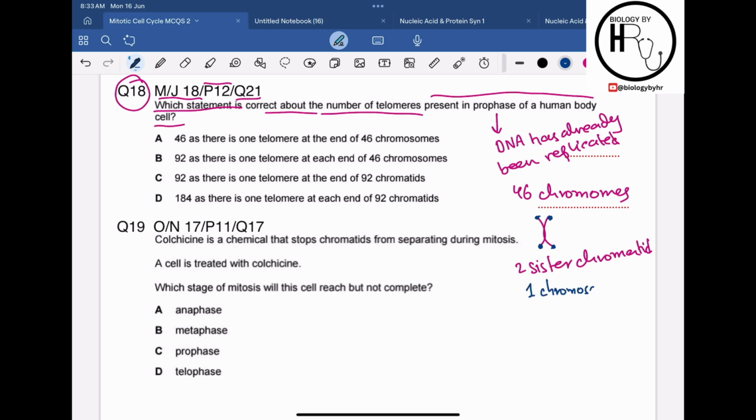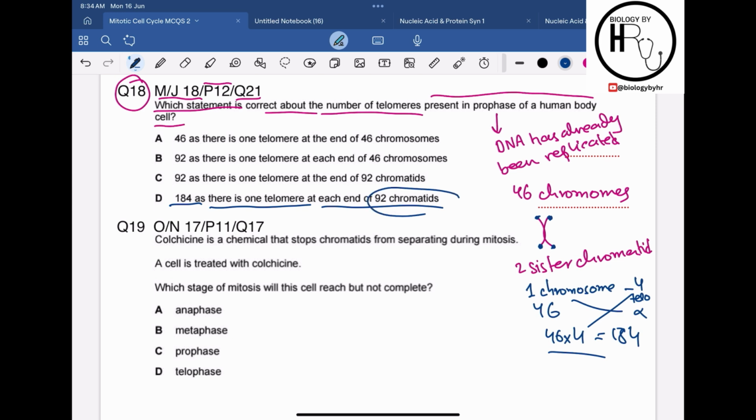So we can say that one chromosome has 4 telomeres, right? So how many telomeres will the 46 chromosomes have? 46 chromosomes will have 184 telomeres, right? 46 into 4 is 184. So there would be 184 telomeres, as there is one telomere at the end of each of the 92 chromatids.